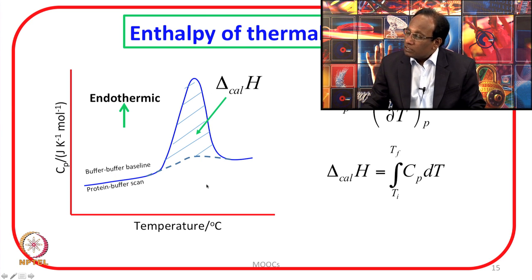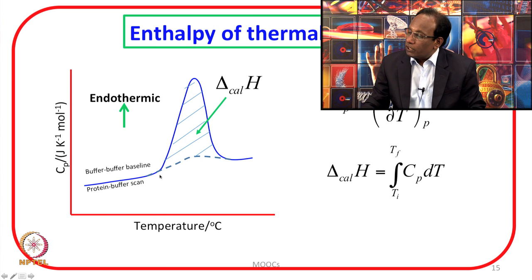That means this heat capacity is the value of heat capacity over and above the buffer baseline. So, therefore, if I choose this as Ti and this as Tf, then the value of the integral is the area under the curve between Cp and T, or Cp versus T, within the limits Ti to Tf.